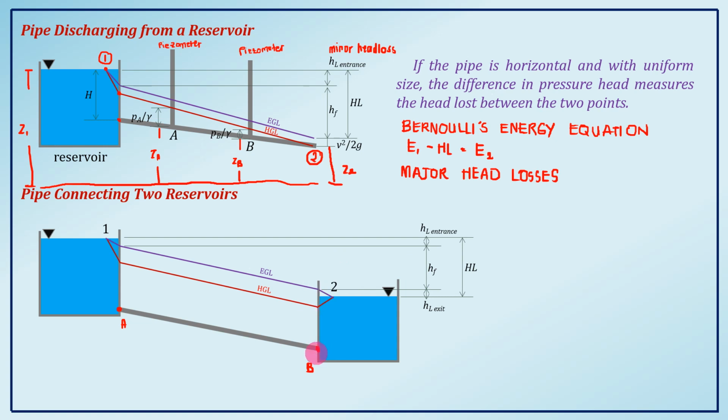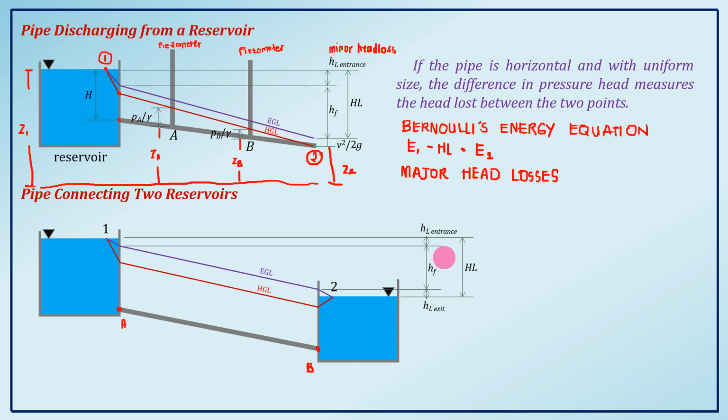Okay? And then at point B, again, there's a certain drop on the EGL here. That certain drop is your head loss at the exit. So HL entrance and HL exit are again minor head losses. So we can cancel them in our equation if not considered.